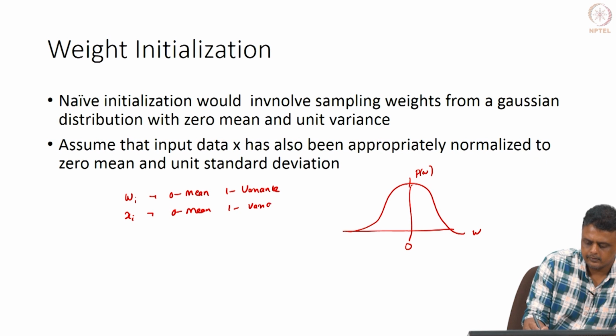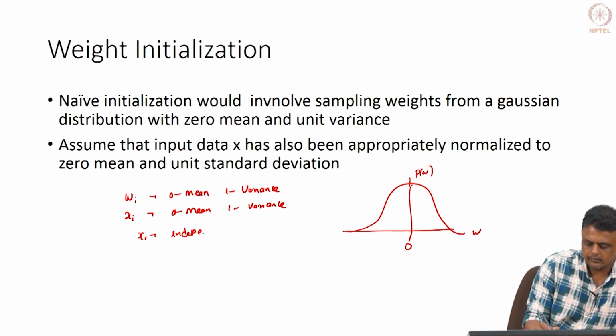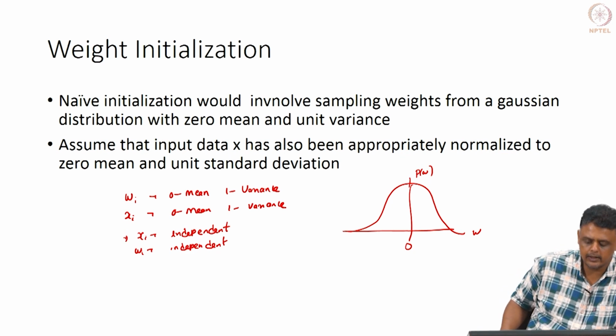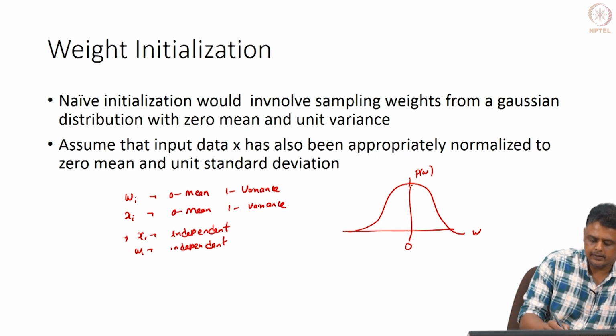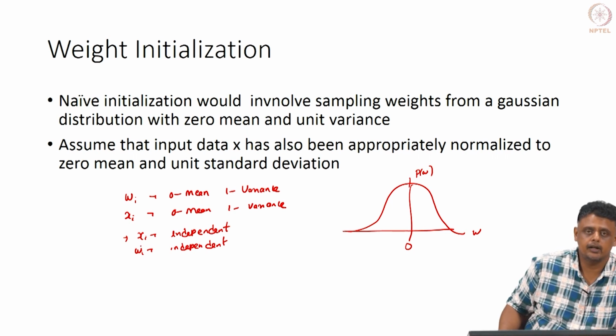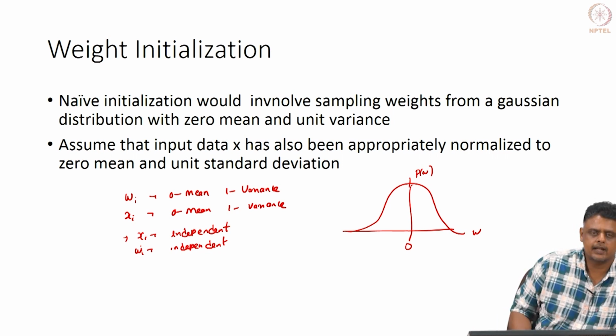We also assume that the individual Xi are independent, and the Wi are independent. Note that the individual Xi being independent need not be true, and subsequently the Wi also need not be independent, especially in the case of images where there is structure, but in most cases this is true.